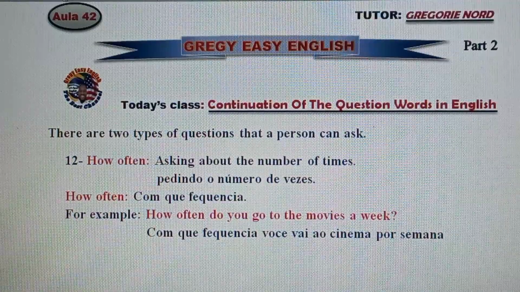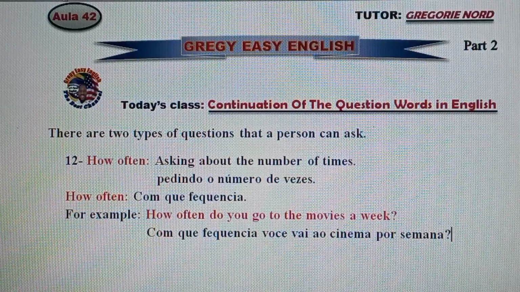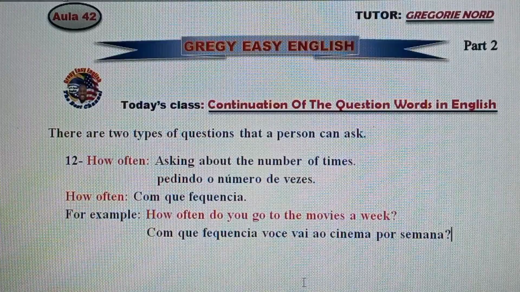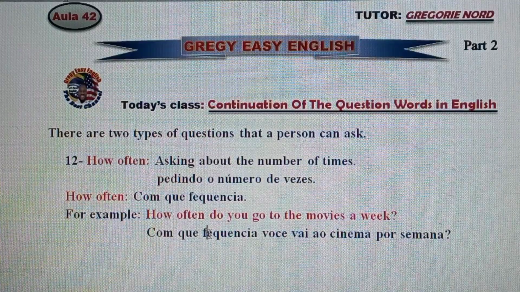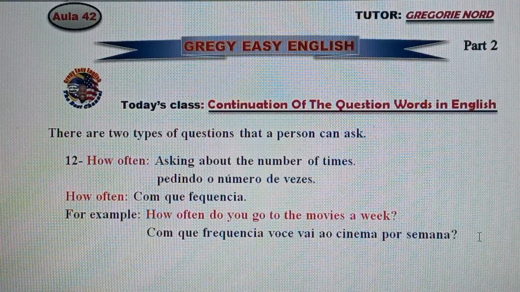Okay. Com que frequência você vai ao cinema por semana?